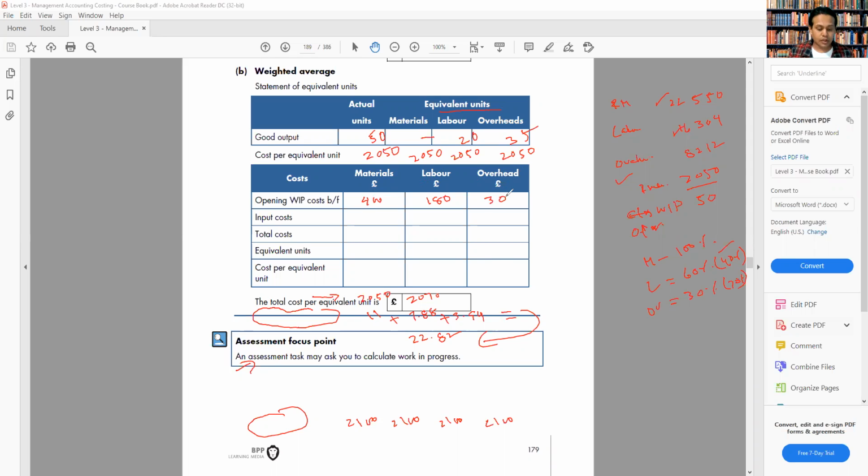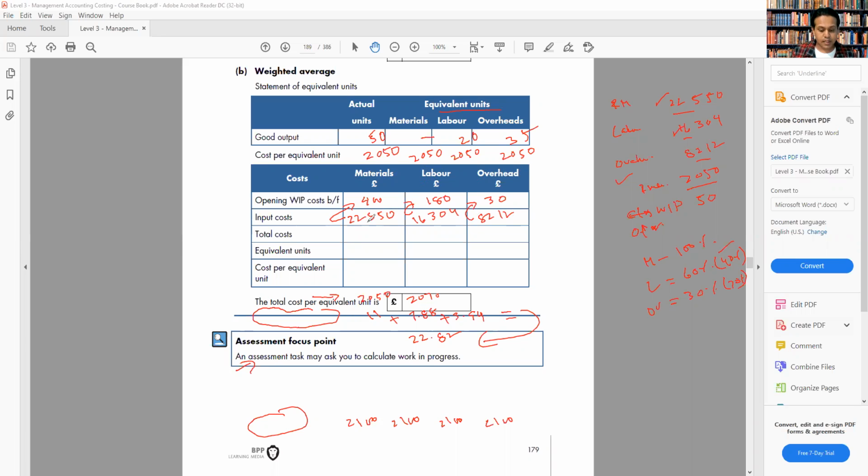Then we're going to input the cost. How much is the cost during this period? That is 22,550, 16,304, and 8212. That's my cost during this period. If I add these two, that will give me the total cost.